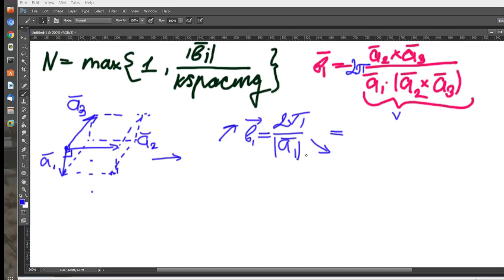Or oppositely, if the absolute value of a1 is smaller than 2 pi, it will mean that b1 in reciprocal space is larger than a1.